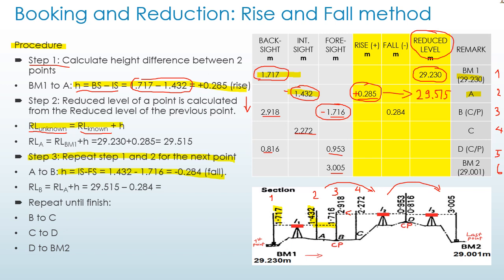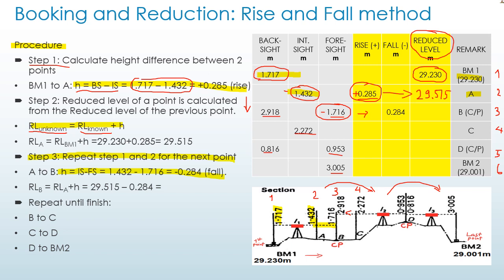So this reading is for the next setup. So the direction is going to be from the left to the right. So never go backward. Take this reading and go backward to the backside reading here. So you do it this way. So we have 1.432 minus 1.716. That gives you the results over here.